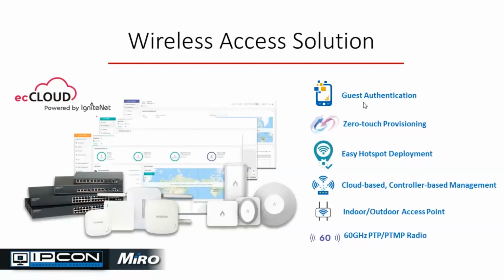Let's say you've got your patients, you've got guests, you've got management staff, you've got normal medical staff and so forth. You can actually create different SSIDs for each one of those types of user groups and apply different rules and policies to basically tailor the experience that each one of those types of users will get. So a very nifty feature with regards to tailoring the experience for each and every type of user.